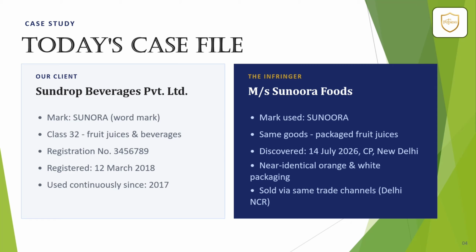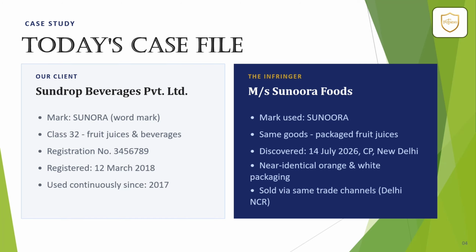Notice that near-identical phonetics were used, they have an identical class of goods, which is class 32, and similar orange and white packaging was used, with the same trade channel of New Delhi NCR. So every element you need for a strong notice is sitting right here.